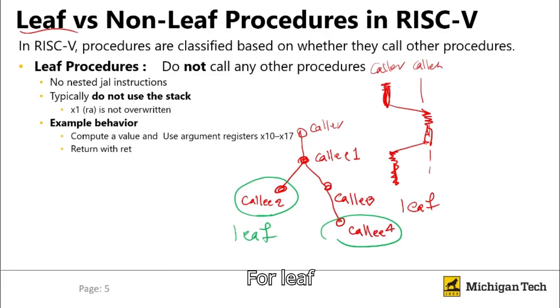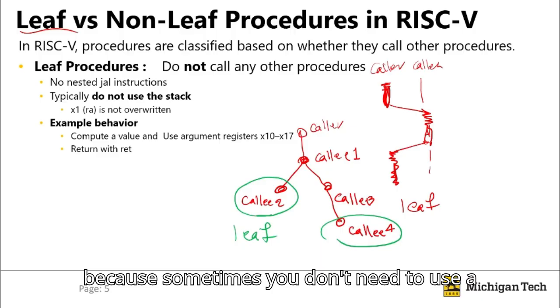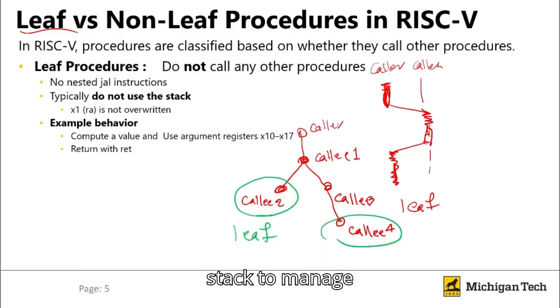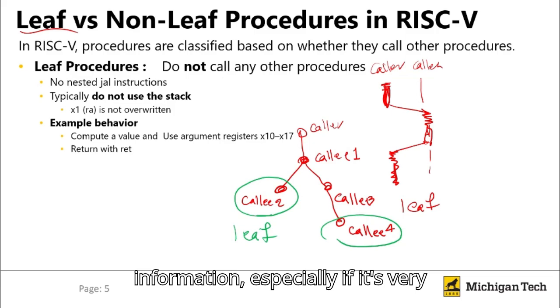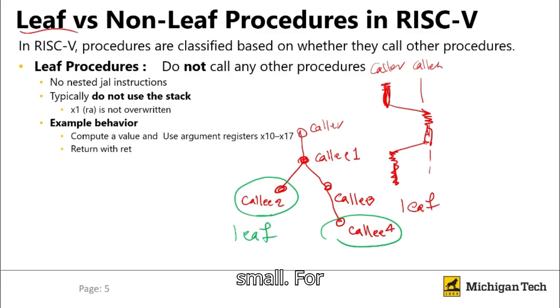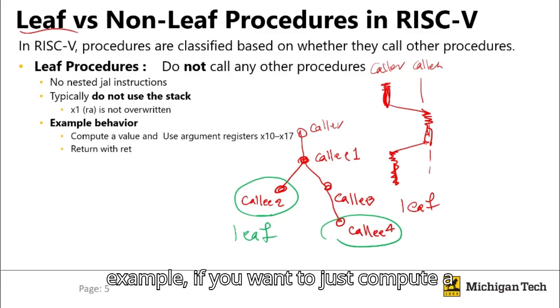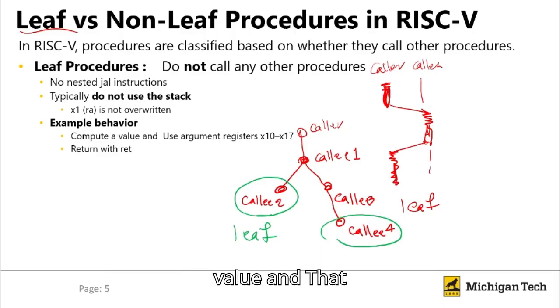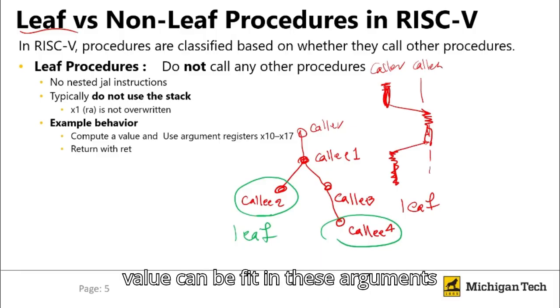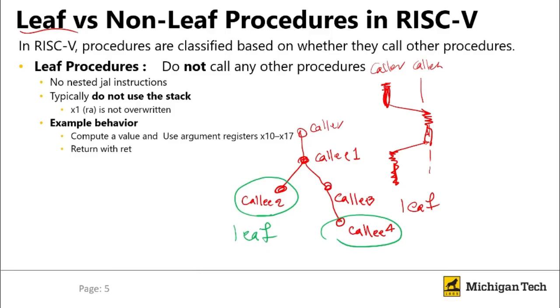For leaf procedures it is simpler, because sometimes you don't need to use a stack to manage information, especially if it's very small. For example, if you just want to compute a value, and that value can fit in the argument registers, you don't even need extra memory.